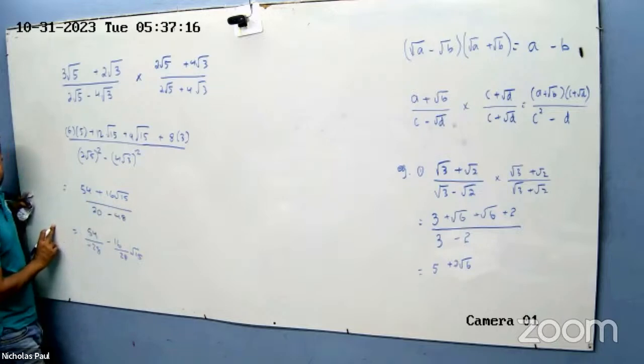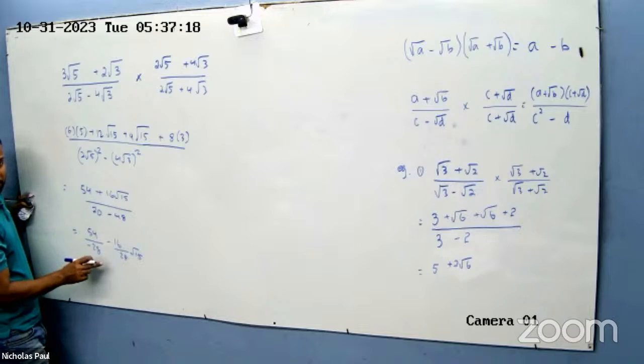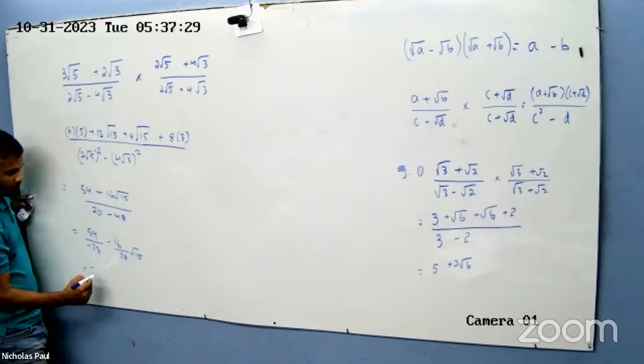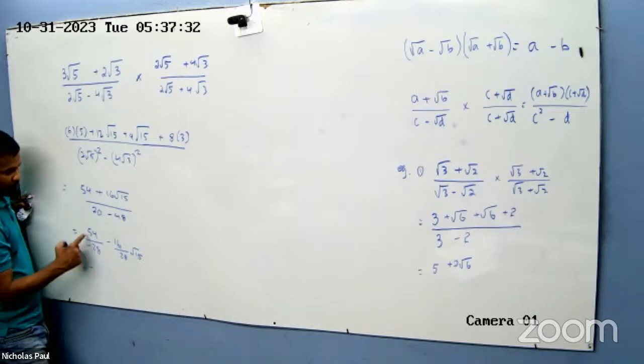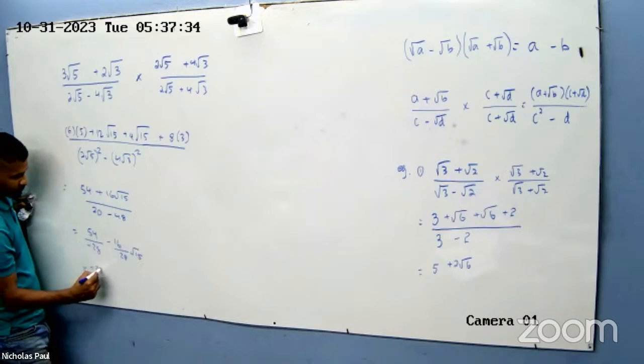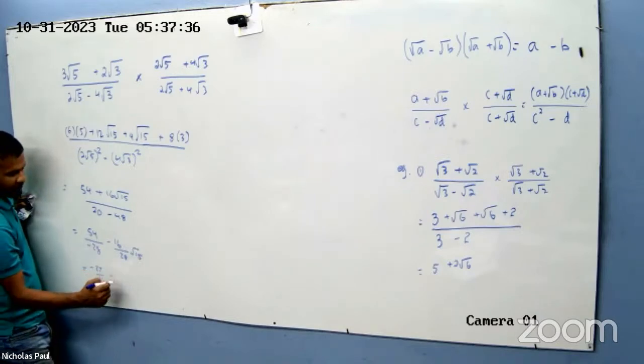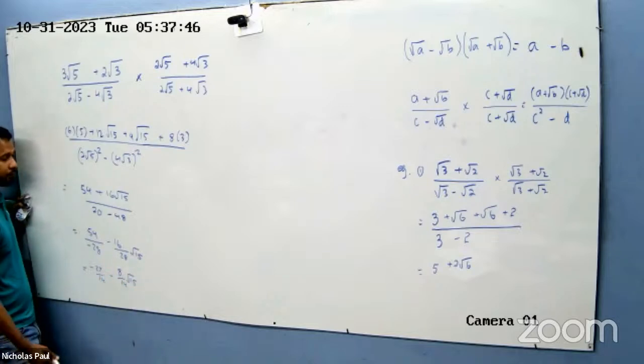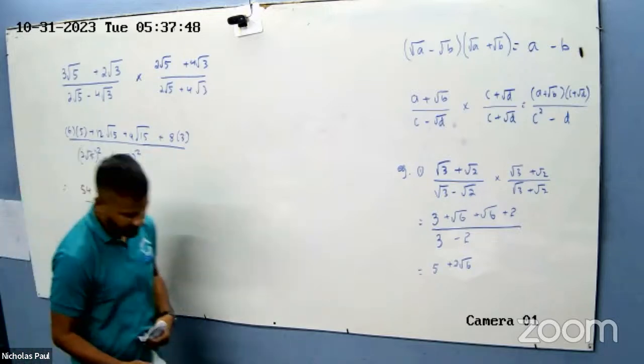Yes, I can reduce it. How much is that? Minus 27 plus 8, here is minus 27 over 14, and here is 8. All right, so that's it.